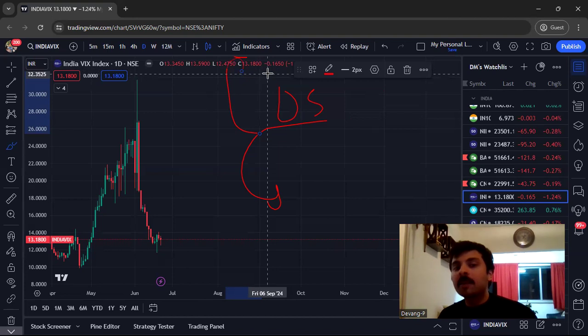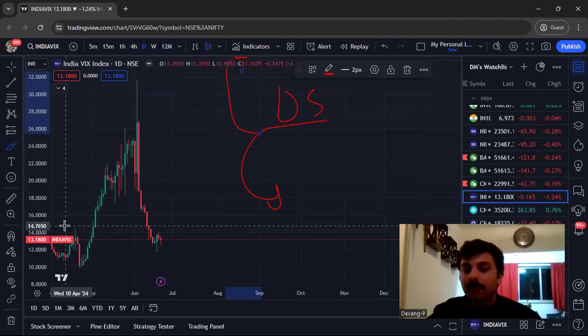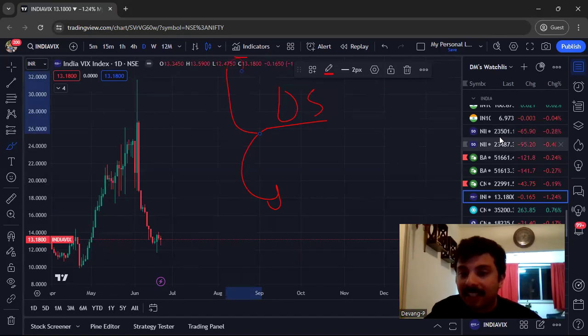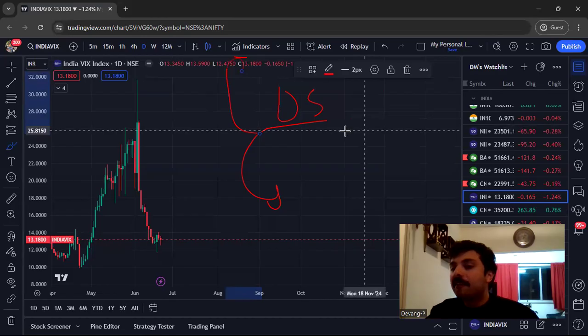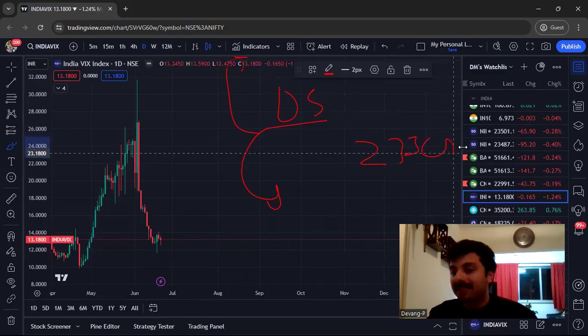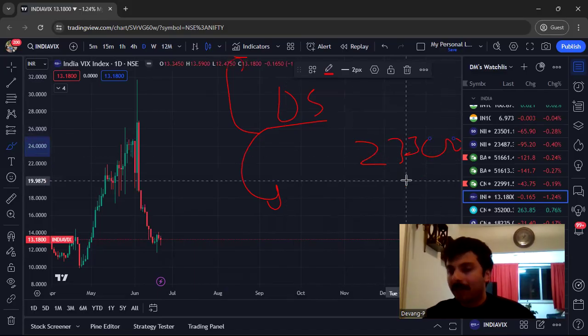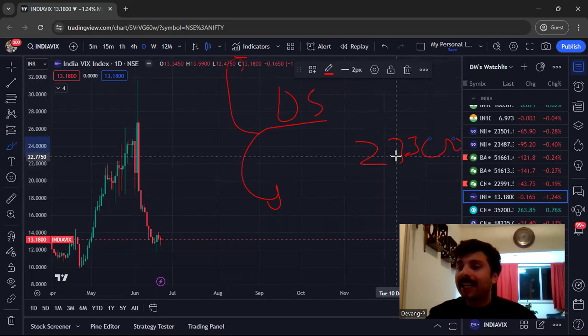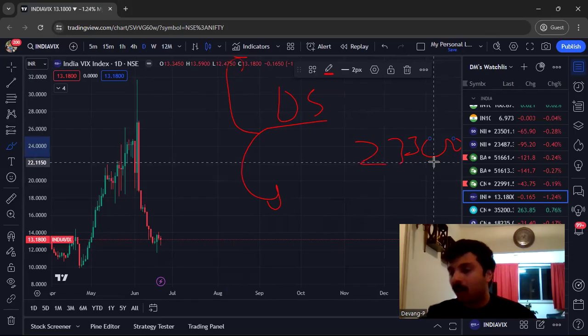At the same time, if you're an option buyer, let us say Nifty is at 23,500 right now, and you know that Nifty's maximum movement as per the VIX is 1%. So 1% is about 200 points. So you know by tomorrow, if expiry is there, you can get a movement till 23,700 on the upside.